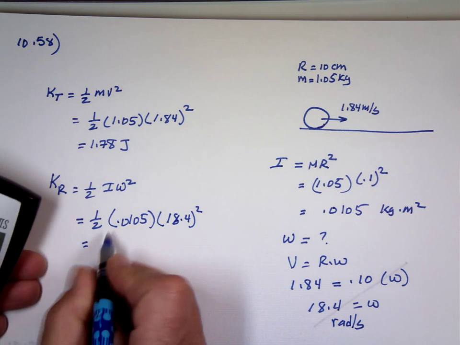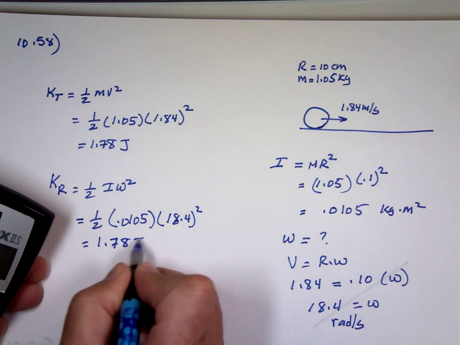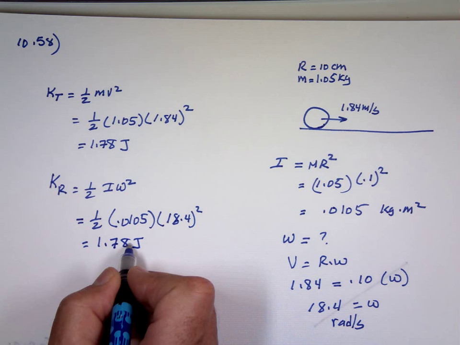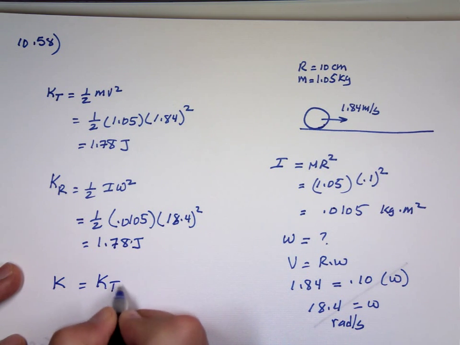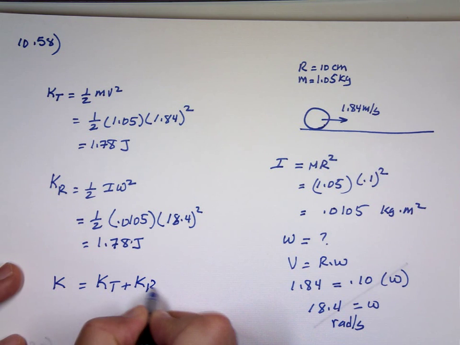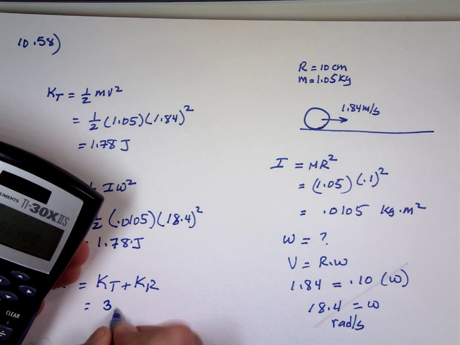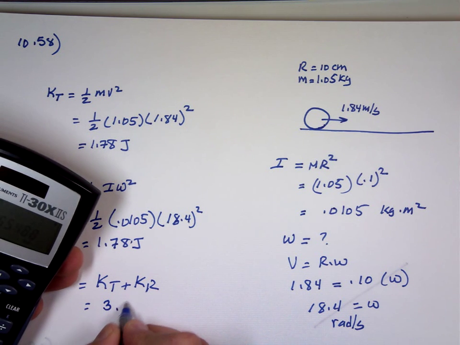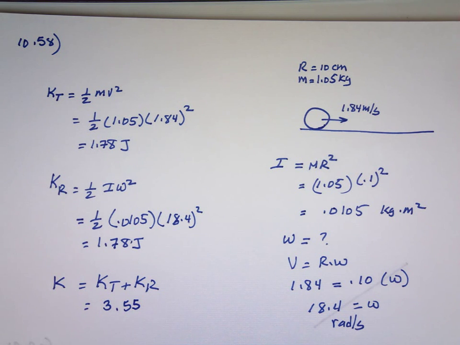And again, 1.78 joules. And what is the total kinetic energy? It's the sum of them. If I carry all the digits, 3.55. But if I use 1.78, 3.56.